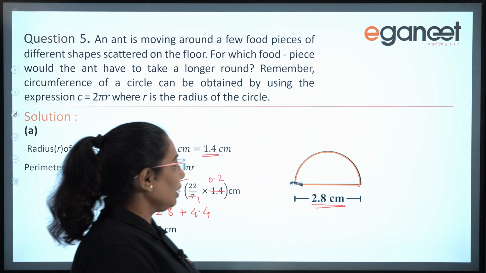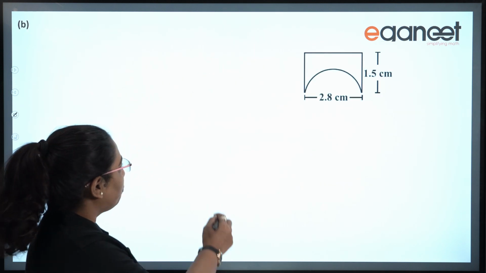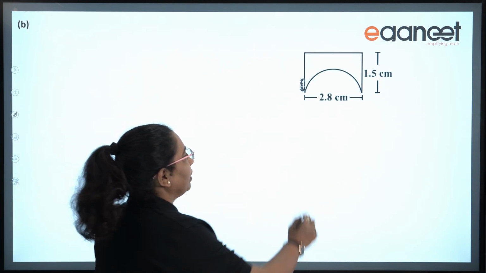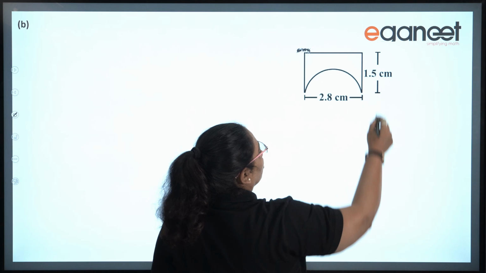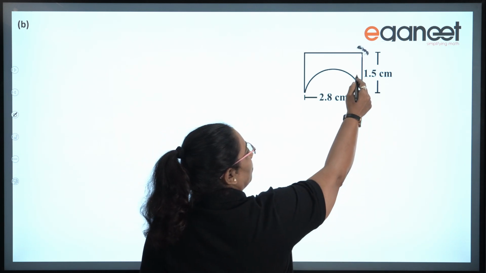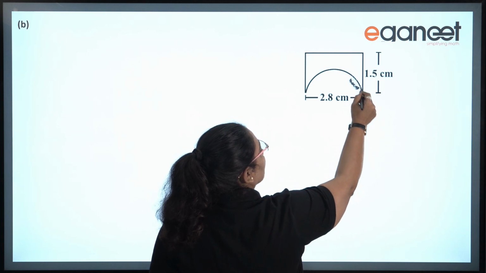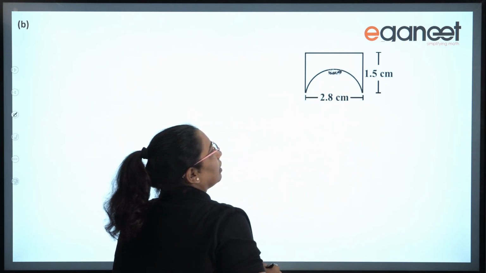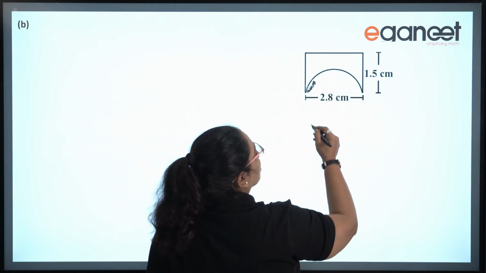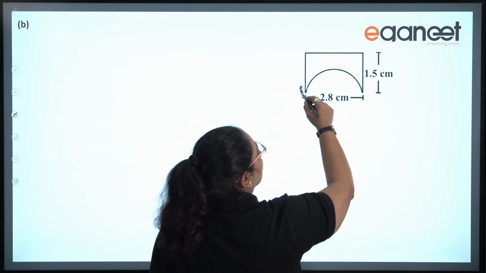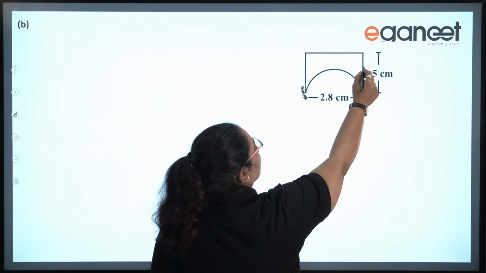Right? Let us move further for the next food piece. This one. See, this ant is moving around this food piece. It's covering these straight lines and this semicircular region, isn't it? So, what is the perimeter of this one?